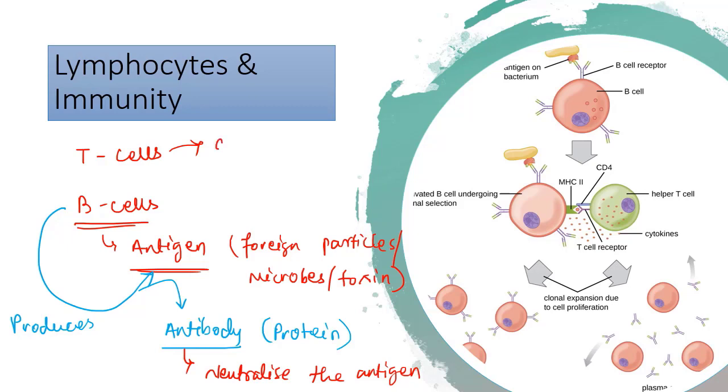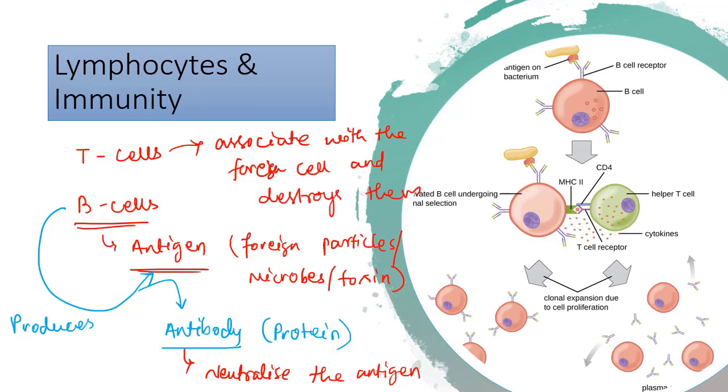The T cell directly associates with the foreign cell and destroys it. They also help the B cell to produce the antibody. So that's the B and T cells which help in the process of immunity in our body.